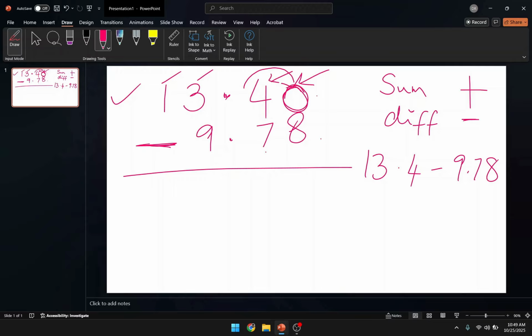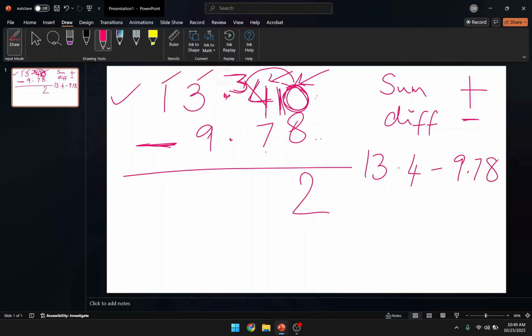So 0 now becomes 10, right? Because I borrowed, 4 becomes what? 3, right? Now this is 10 and this is 3. Now I know 10 minus 8 is 2.